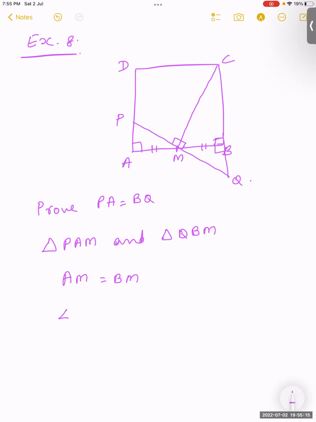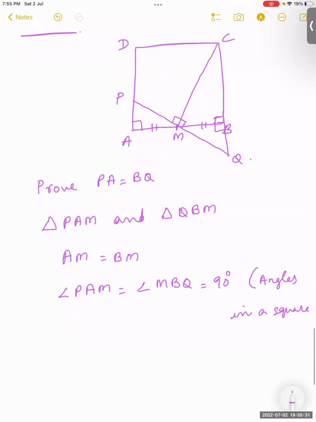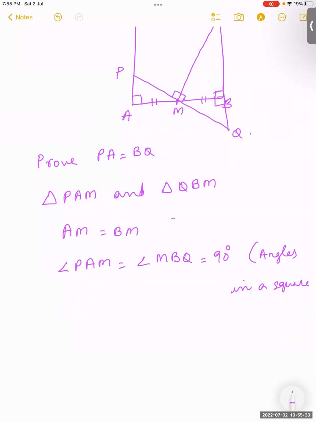So you can write angle PAM is equal to angle MBQ is equal to 90 degree, and angle PMA and angle QMB are equal because of vertically opposite. Exactly. So angles in a square, that information is given to you. And angle PMA is equal to angle BMQ. Why? Vertically opposite angles.